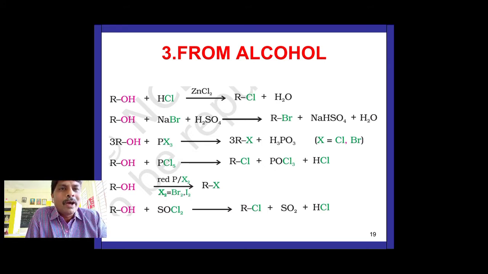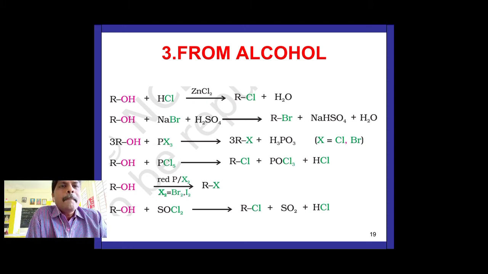Alcohol plus halo acid. Second one, alcohol plus sodium or potassium salt plus H2SO4. Finally, NaBr and H2SO4 finally gives again that first type only, alcohol plus HCl. Here you will get HBr. NaBr and H2SO4 means HBr only you will get. So addition of halo acid only, second one also.